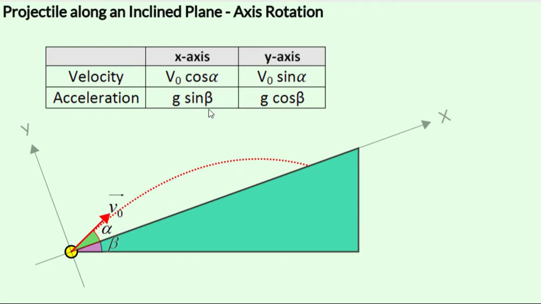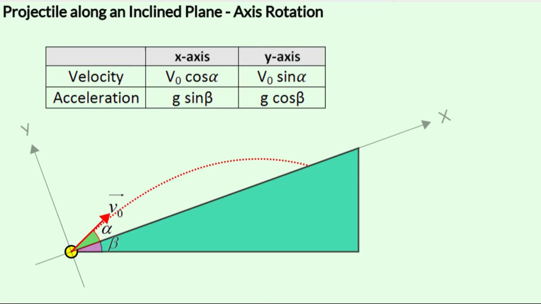And along the y-axis, the initial velocity vector will be v0 sine alpha, pointing upwards perpendicular to the incline, and the acceleration perpendicular to the incline will be g cos beta in a direction opposing the initial velocity.